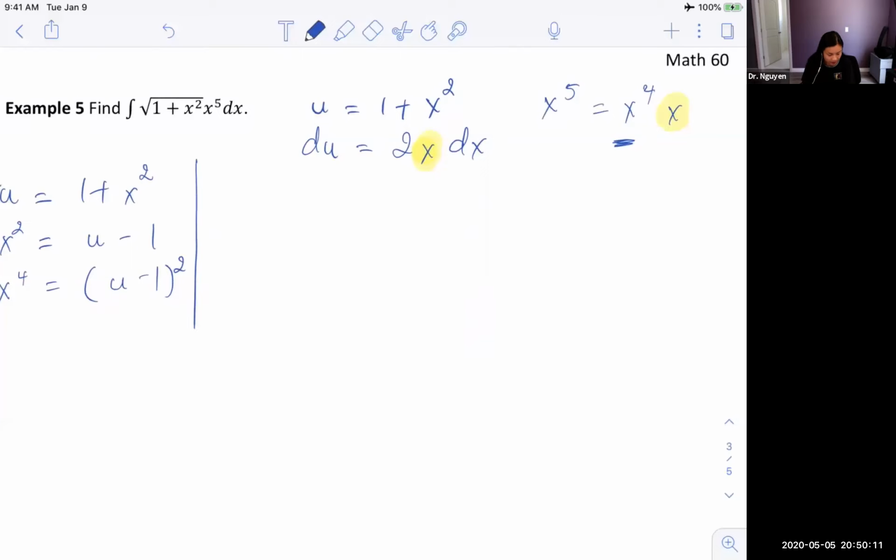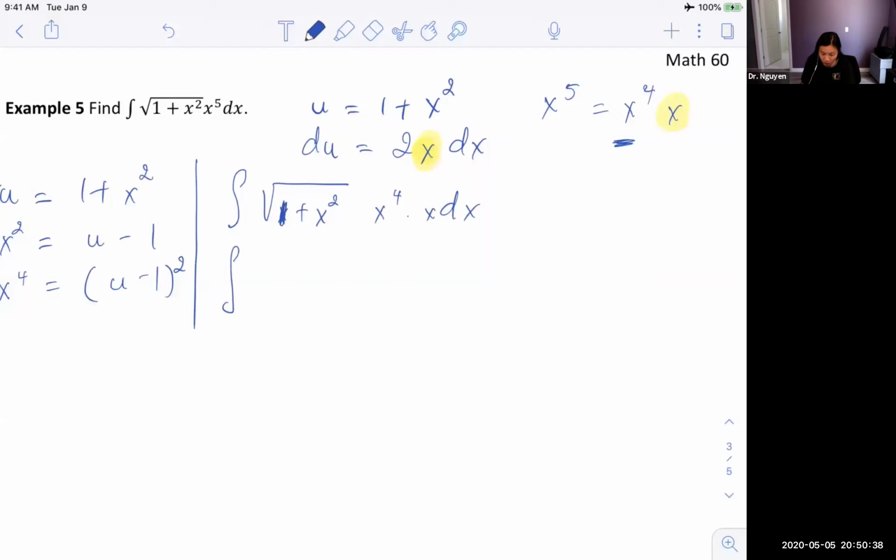So I have the integral of square root of 1 plus x squared. And instead of writing x to the 5th power, we're going to write x to the 4th times x dx to match them up. Now, we use substitution.